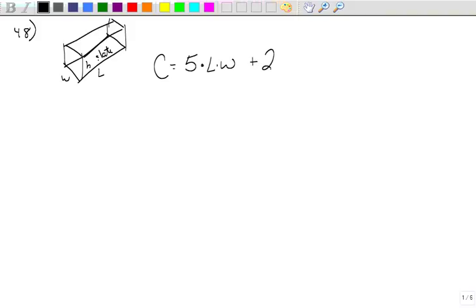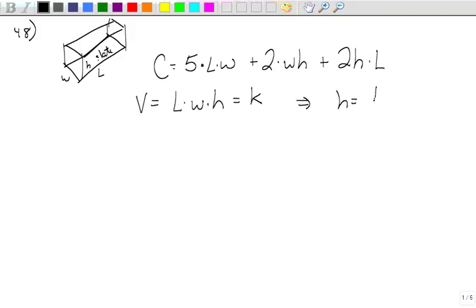Plus we have two sides that are W and H, and two sides that are H by L. And we have our volume, length times width times height, equal to a constant K. That's fixed. So if we solve this for H, we have K over LW.